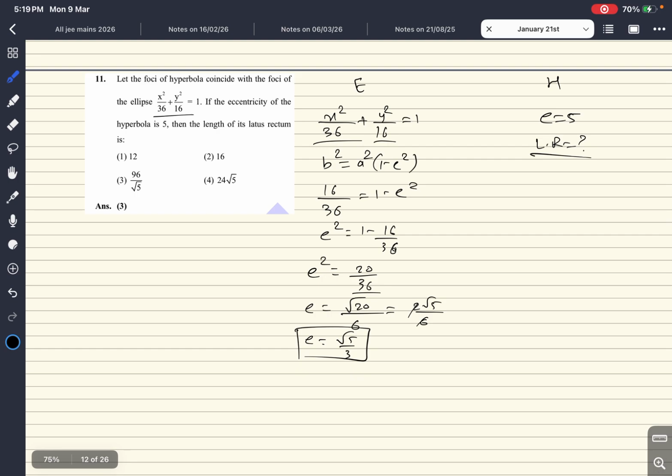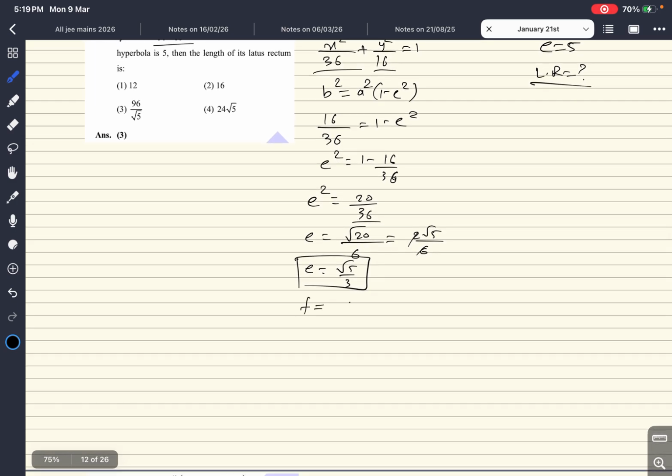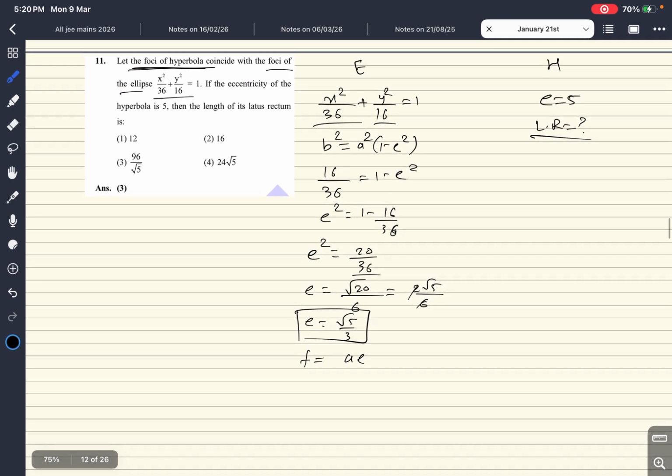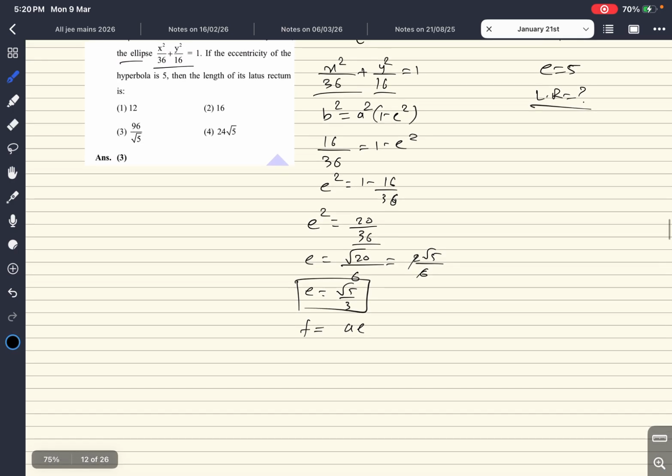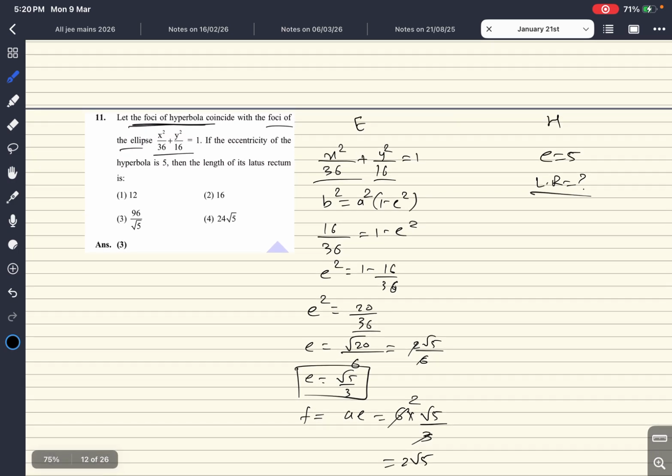So now use the condition: foci of the hyperbola equal foci of the ellipse. What is the foci of the ellipse? Foci is nothing but (ae, 0). So we took ae as the foci. What is the value of a here? 6. So 6 into root 5 by 3, so 2 root 5. Okay, so here you have to equate the foci of the hyperbola.